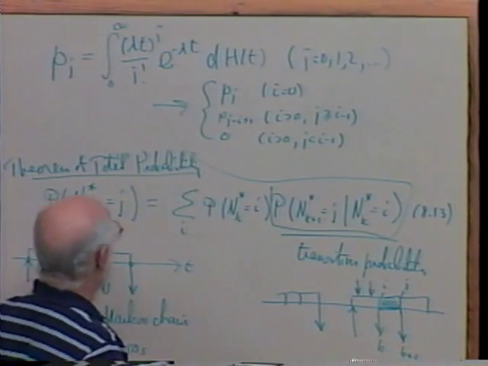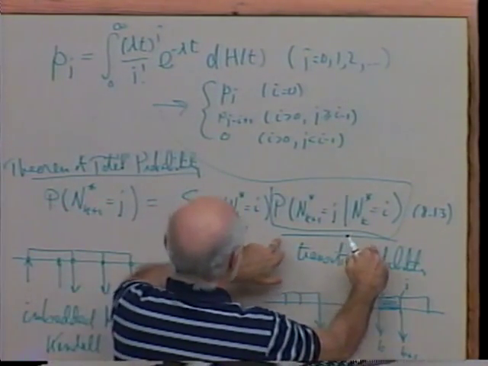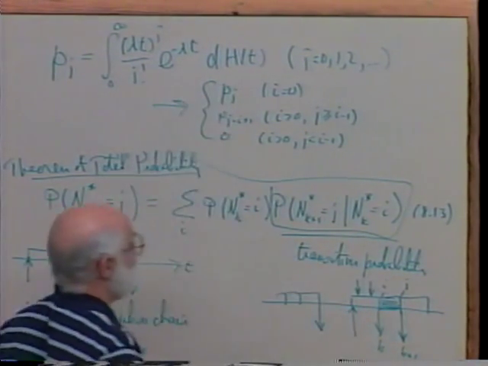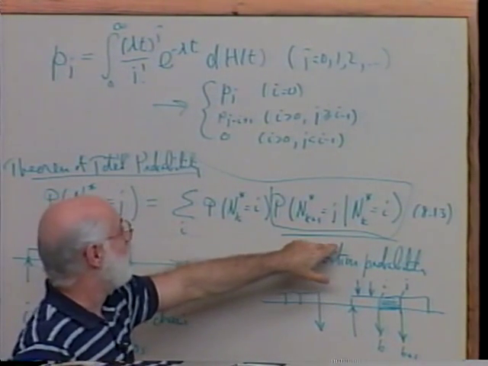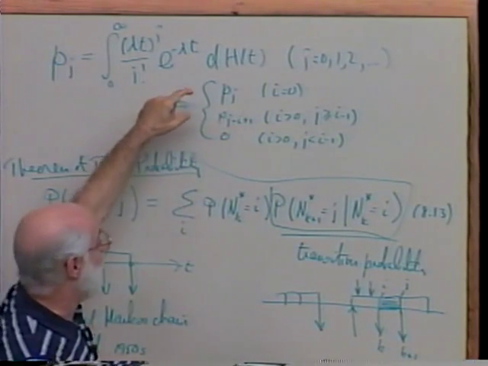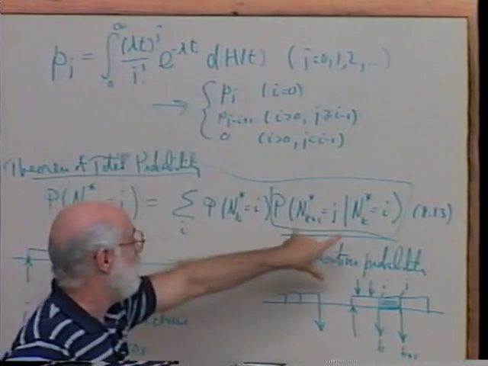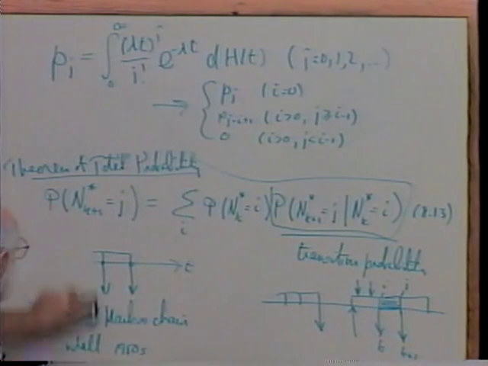Okay, so I could rewrite the theorem of total probability now, and I can replace this piece by these things. The important thing is that as far as the transition probabilities are concerned, they're explicitly represented, even though it may look complicated at first glance, and they do not have any dependence on k, the number of the customer. Okay, so let me write that.